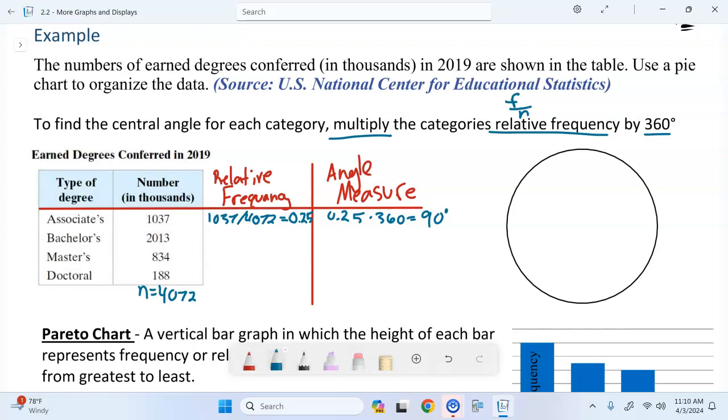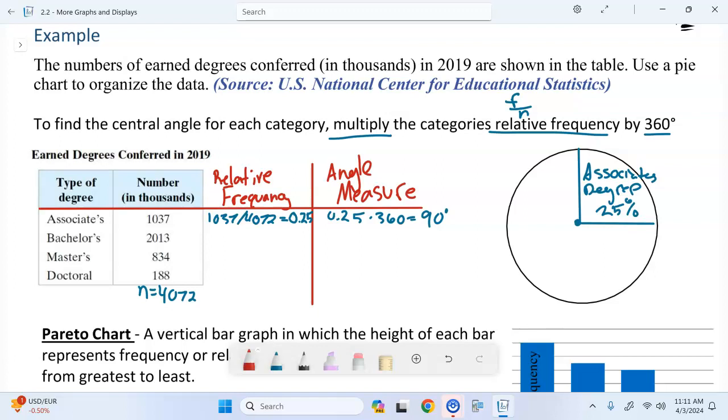So from our central angle, from the center, we have a 90-degree angle, and that's going to be our associate's degree, which accounts for 25% of our sample.